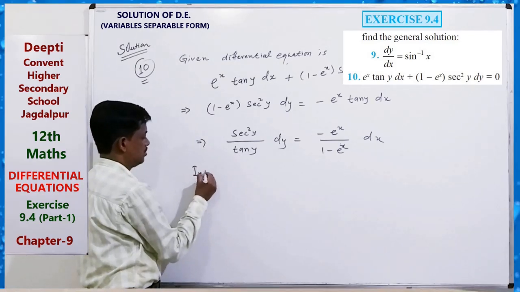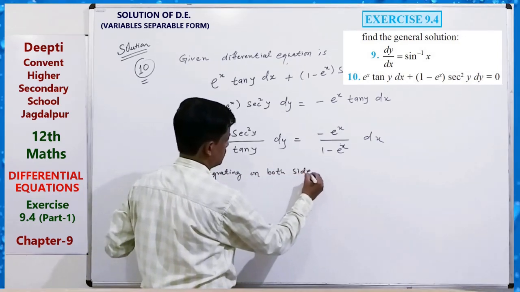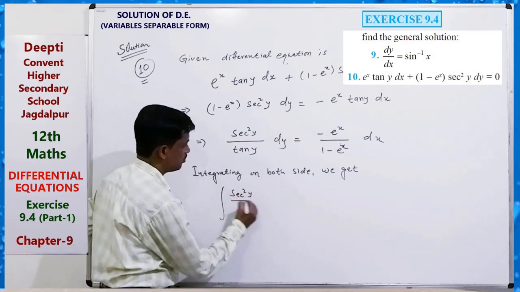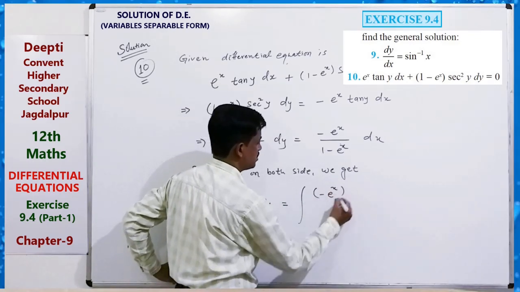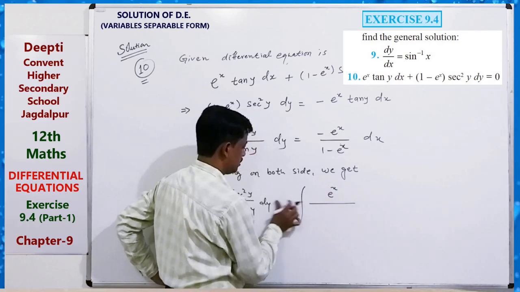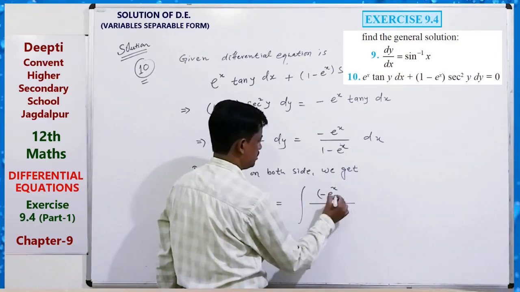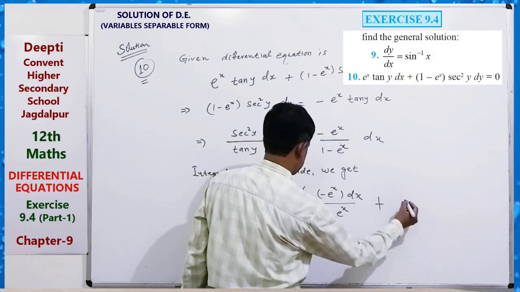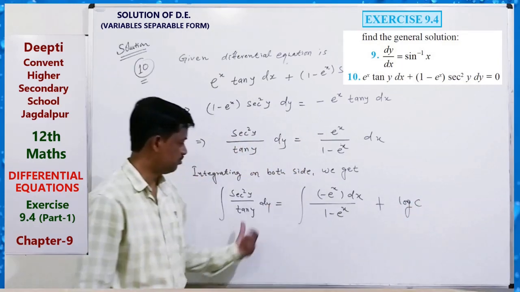So integrating on both sides, we get integration of sec square y upon tan y dy equals to integration of minus e to the power x upon 1 minus e to the power x dx plus log c, because there will be log.